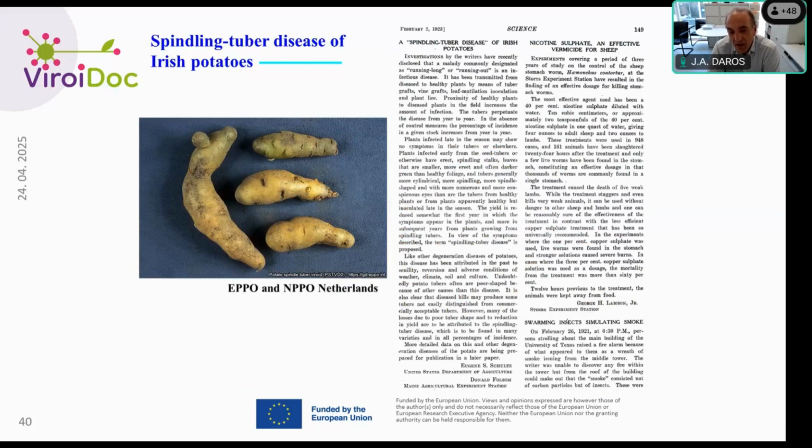So Diener was studying the spindle tuber disease of potatoes. I'm showing you here a paper in Science, 1923. It's extremely short, just one column.